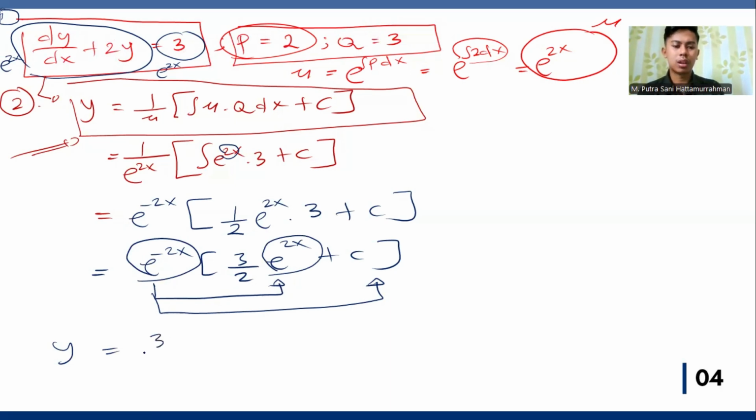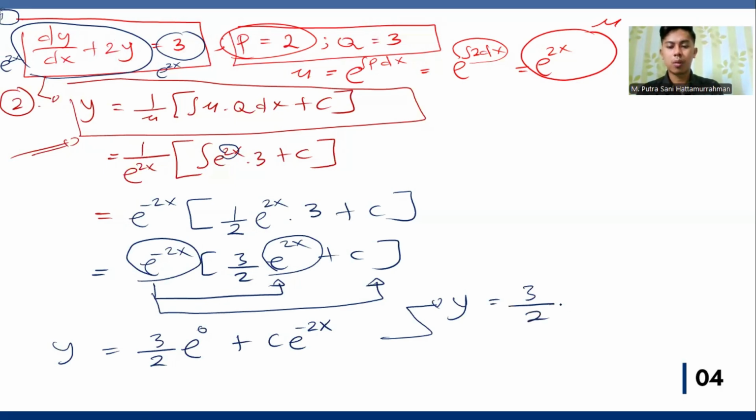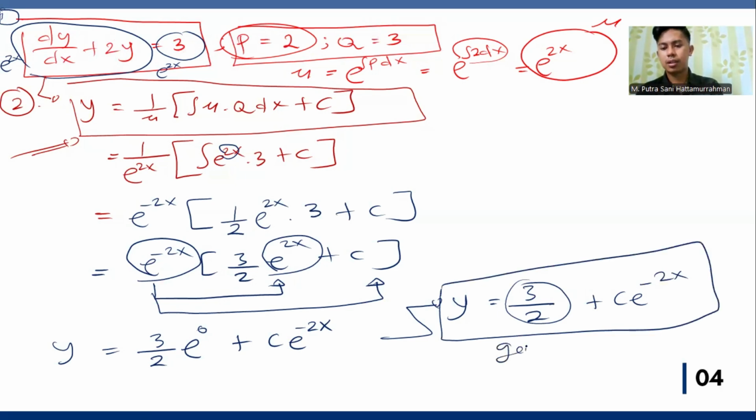So we have 3 by 2 times e to the power 0, and the last is c e to the power minus 2x. The final solution is y equal to 3 by 2 plus c e to the power minus 2x. We call this solution the general solution.